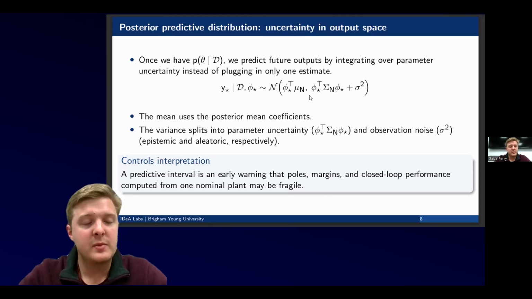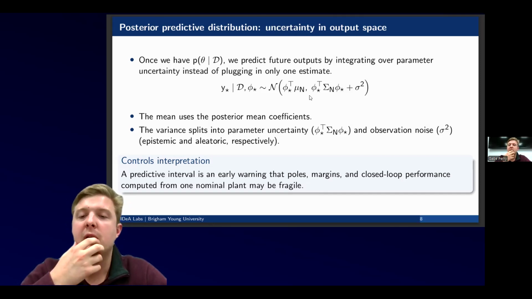So the controls interpretation here is that a predictive interval is an early warning that poles, margins, and closed loop performance computed from one nominal plant may be fragile.